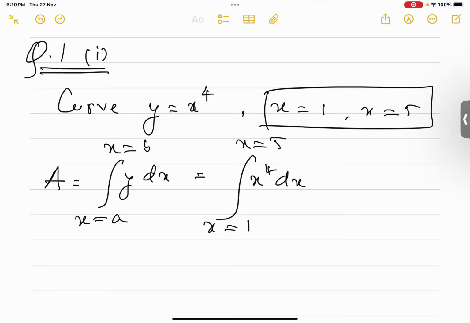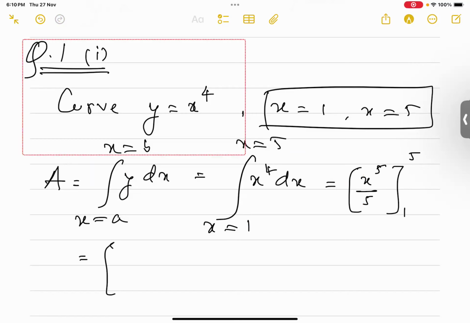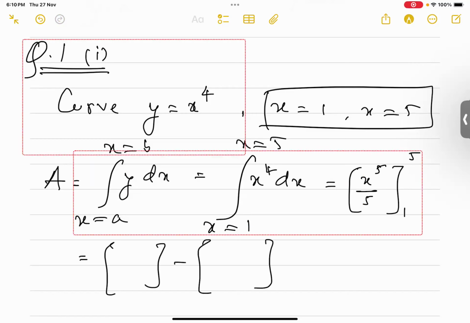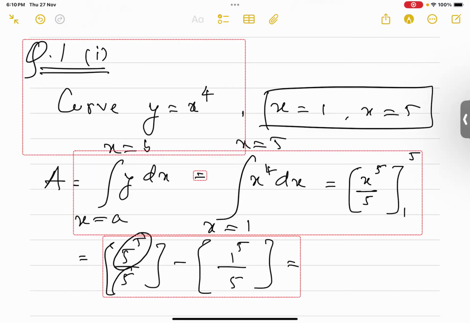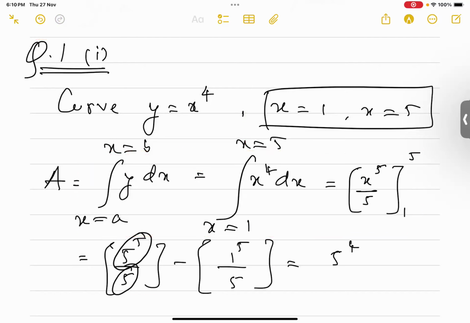Now we are going to integrate this. X raised to 5 upon 5, that is, n plus 1 upon n plus 1, with limits 5 and 1. Box minus box: upper limit substitution and then lower limit substitution. 5 raised to 5 upon 5 is nothing but 5 raised to 4, minus 1 upon 5.